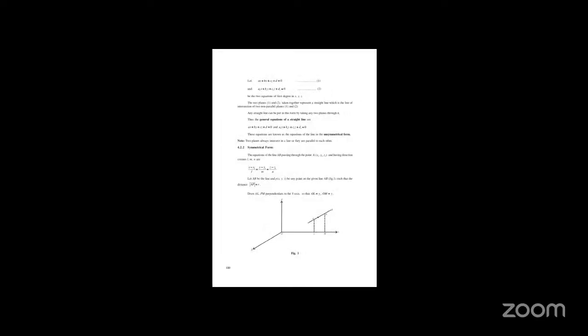x minus x1 by l equal to y minus y1 by m equal to z minus z1 by n. Here x1, y1, z1 is a passing point, and l, m, n are the DRs. Now see, this is the symmetrical form.